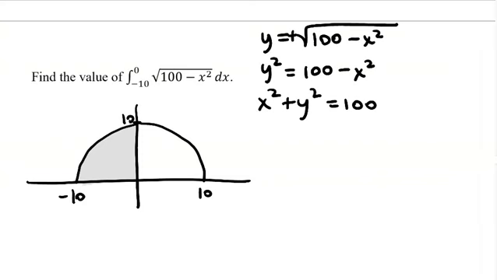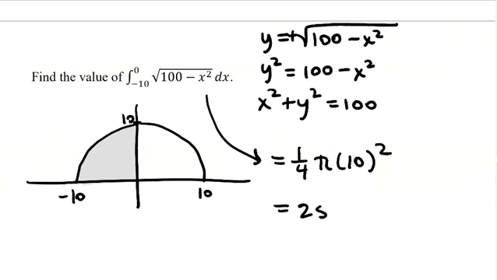So I could say that that integral is equal to 1/4 of pi r squared. So 10 squared is 100, divided by 4 is 25 pi. Okay, so that's one that we can do. And that is something that you could be expected to know, that the square root of a square number minus x squared is going to be a circle centered at the origin.